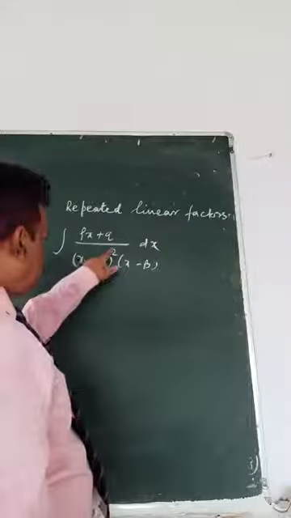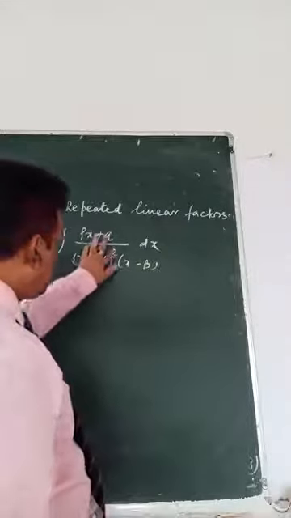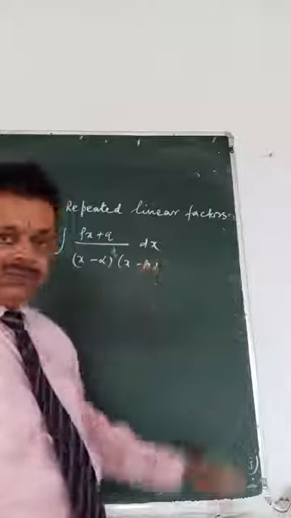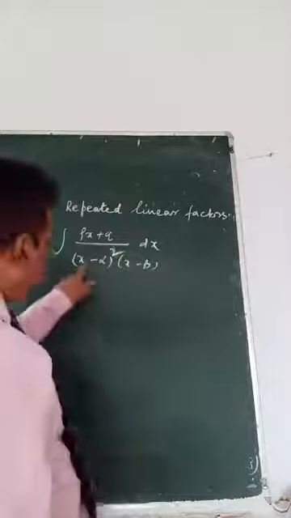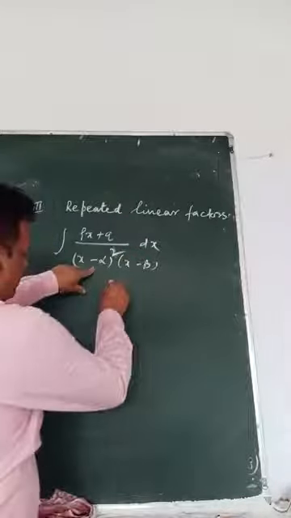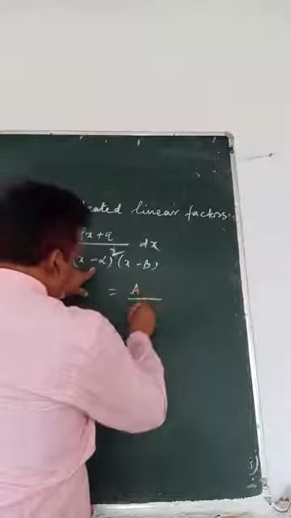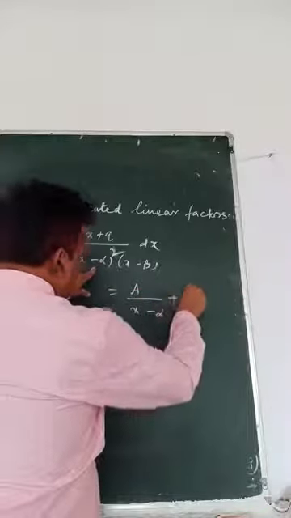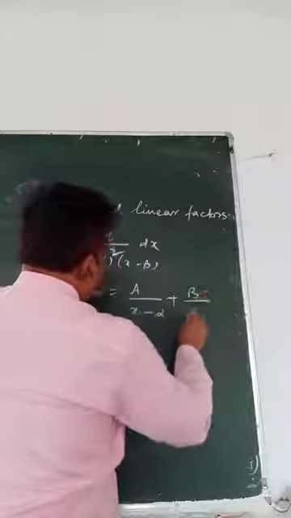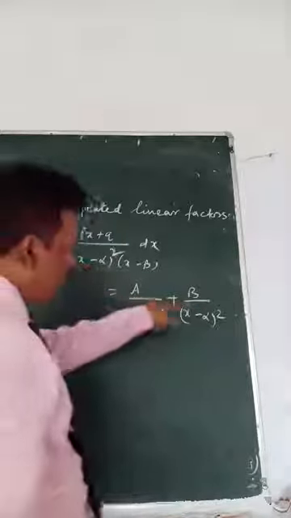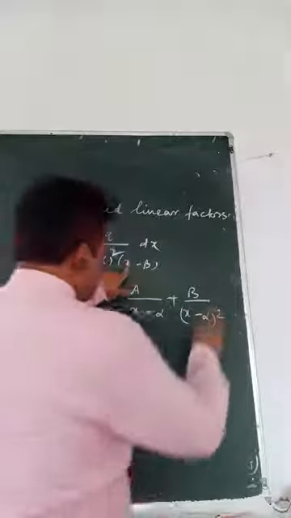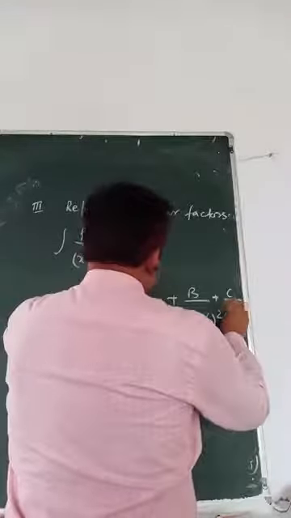This means this factor is repeated two times. Previously you were studying non-repeated roots; now you are studying repeated roots. So the repeated factor, you write twice here. The formula is A by (x minus alpha), B by (x minus alpha) whole square. This one you are writing twice. The third one is C by (x minus beta).